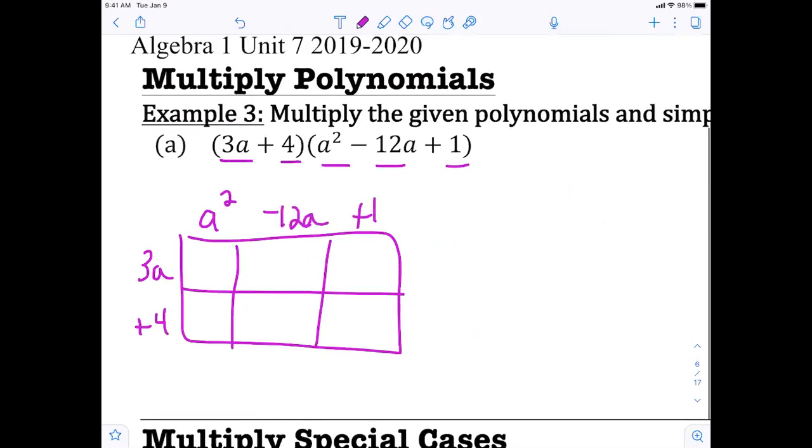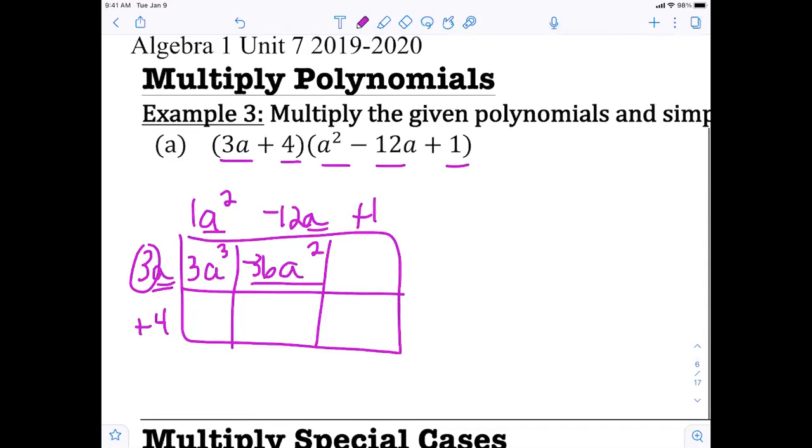And now we do the exact same thing. 3 times 1 is going to end up being 3. 1a times 2 more a's is going to end up being a cubed. 3 times negative 12 to fill in my next box. 3 times negative 12 is going to end up being negative 36. And a times a is going to end up being a squared.